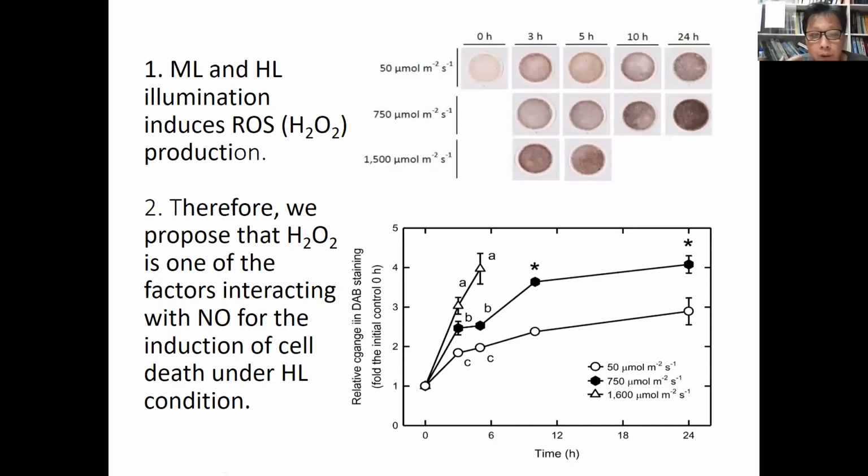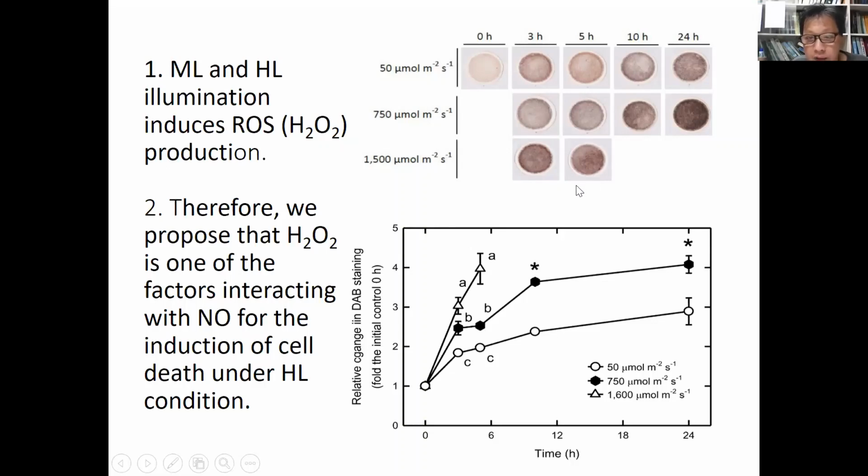We find that middle high-light and high-light illumination will induce ROS, especially H2O2 production. Like here, we use DAB staining to detect the H2O2 production, and we find that under 750 micromole and high-light 1,500 micromole intensity, the dark brown DAB staining appears.